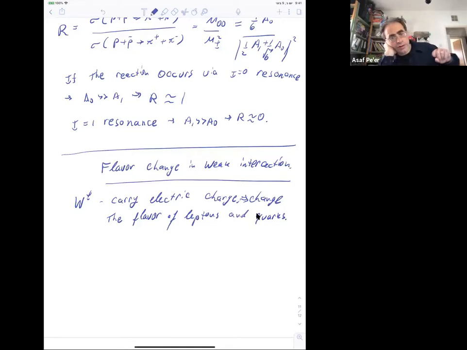Now, when you're connecting W plus minus to a lepton, the lepton family number is conserved. But there is no such constraint with the quarks.